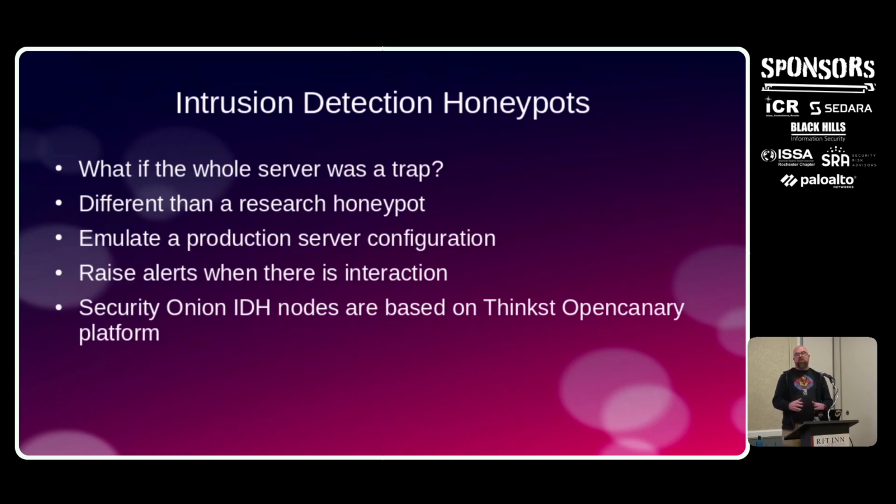Again, there's no legitimate reason why any of our users, any of the people who have a reason to be on our network should find this. But we can just spin up a VM, stick it in a corner of the network, make it available to an attacker who's running Nmap or running some reconnaissance tool to figure out what other services are available. And then if anybody messes with it, we raise an alert.